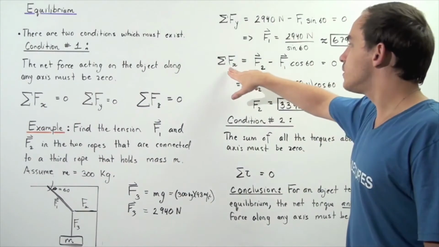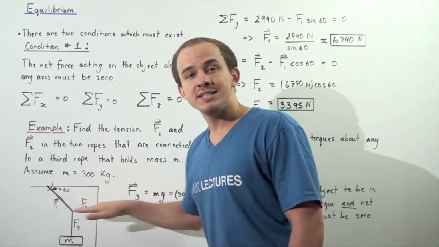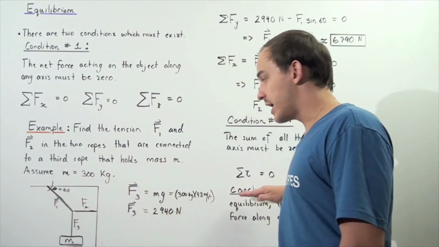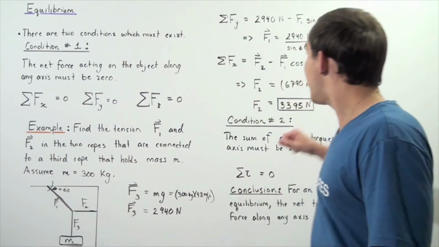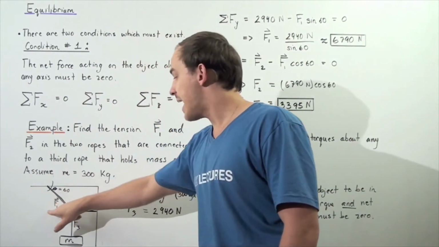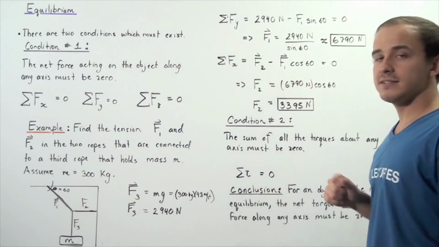Now, the same exact step should be taken with this equation. The sum of all the forces acting on the object along the x-axis is equal to 0. We choose this way to be positive, so F2 is positive. We have F2 minus the x component of the F1 force, which is minus F1 cosine of the angle 60.